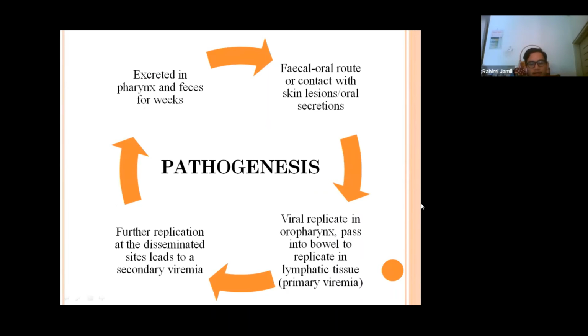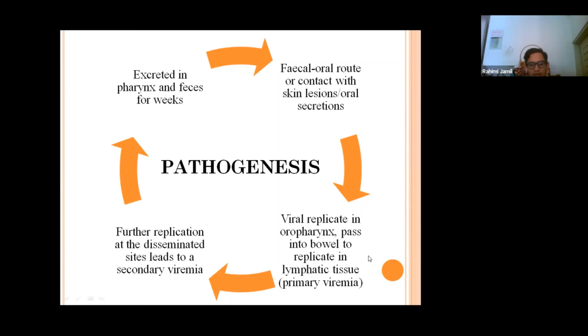For the pathogenesis of HFMD, it occurs when human enteroviruses are ingested by the fecal-oral route. Once ingested, the enteroviruses replicate in the oropharynx, then pass into the bowel and replicate there, then move to the lymphatic tissue and replicate there also.